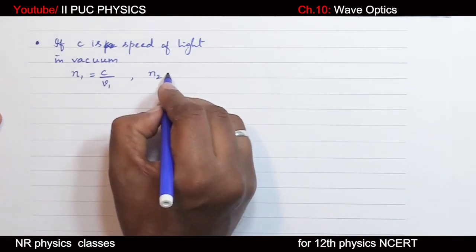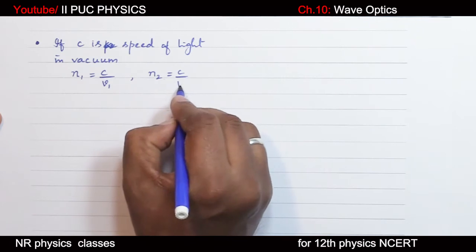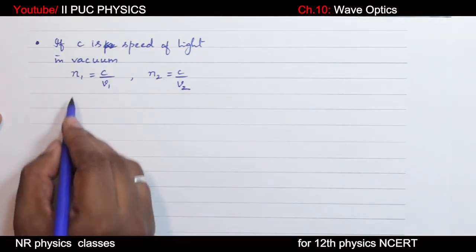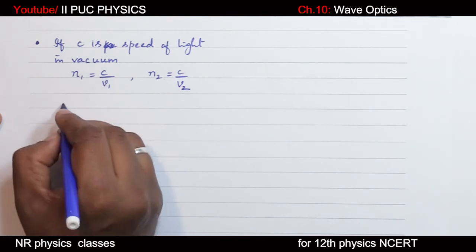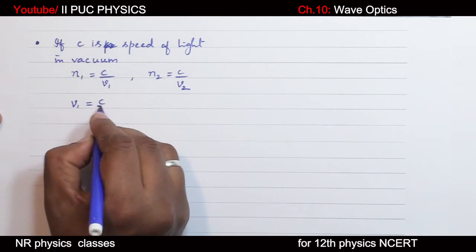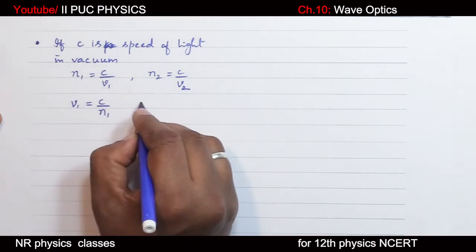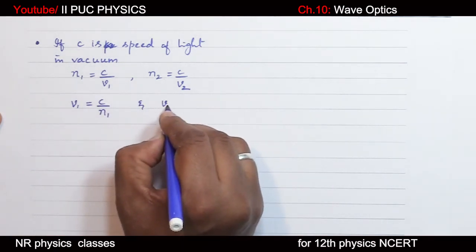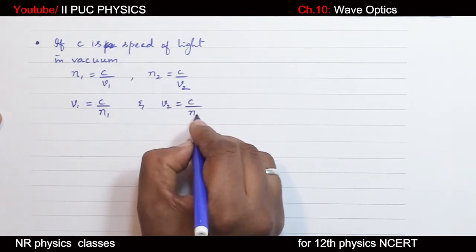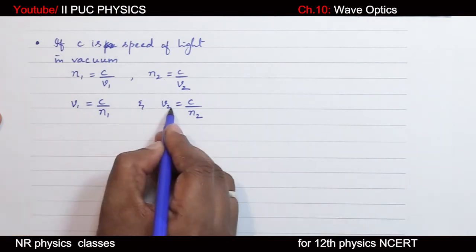Refractive index of the second medium is C by V2. Therefore V1 equals C by N1 and V2 equals C by N2. I want V1 by V2.